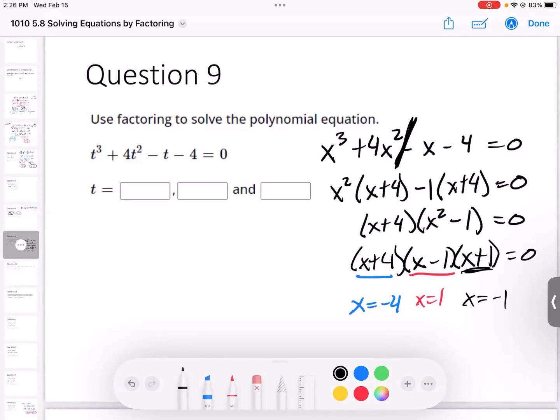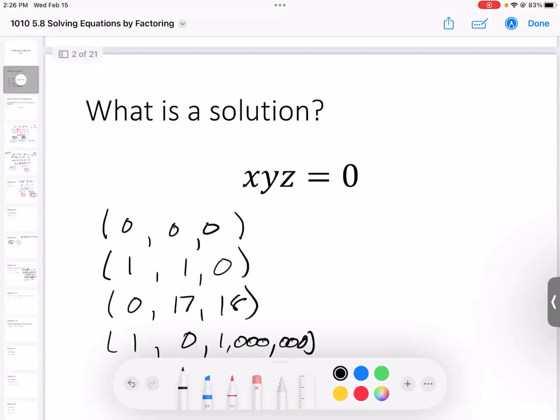But the answer x equals 1 would have multiplicity 2 because there were 2 factors that created that. We won't get into that in this class, but there is a distinction for that. Yeah, because it's kind of like when we were back here and we were listing out solutions. It's kind of like you could say that a solution is 0, 0, 1, where 2 of the variables are the same.